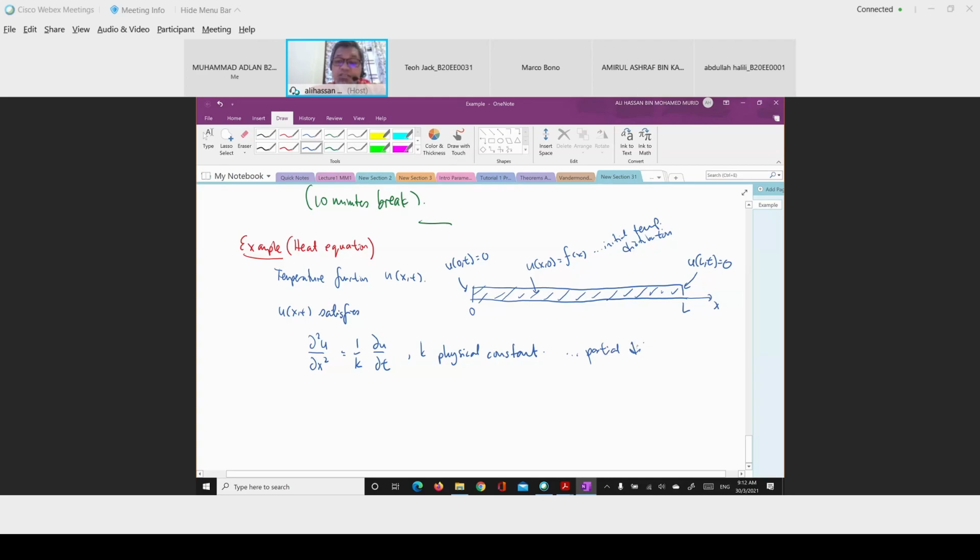Just like we have ordinary differential equations, here we have a partial differential equation. So we want to solve this partial differential equation for u(x,t).